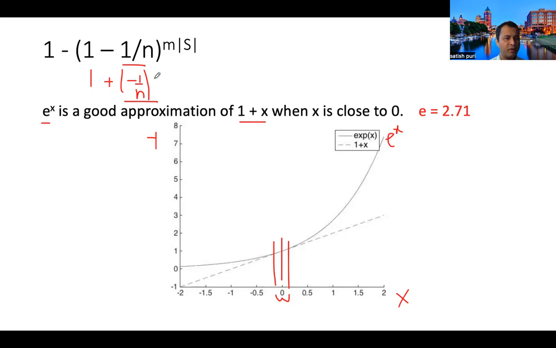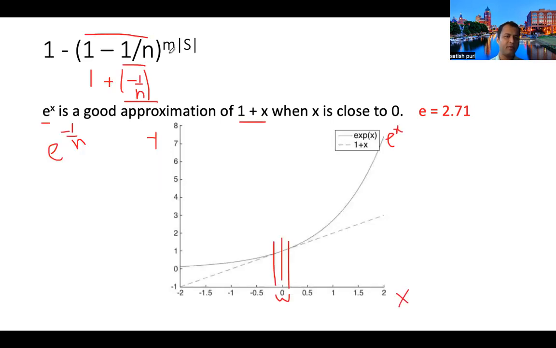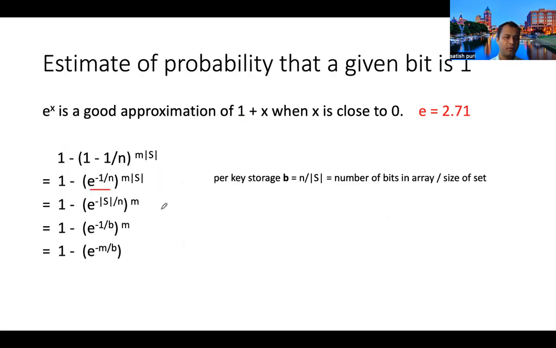If x is equal to minus 1 over n, then e to the power x will be e to the power minus 1 over n, right? So this whole thing can be simplified as e to the power minus 1 over n, okay, and m over s is the power exponent there.